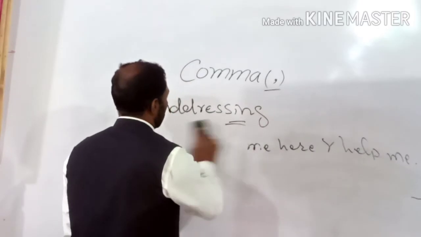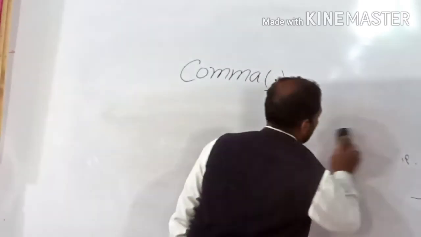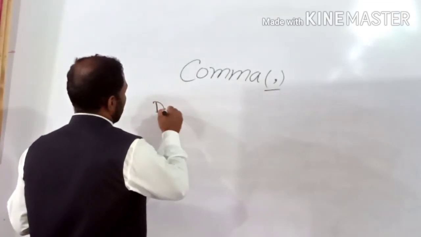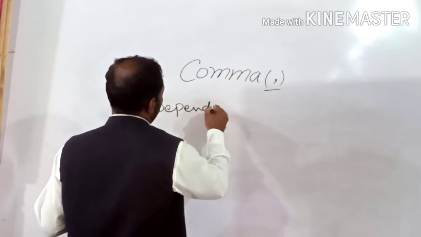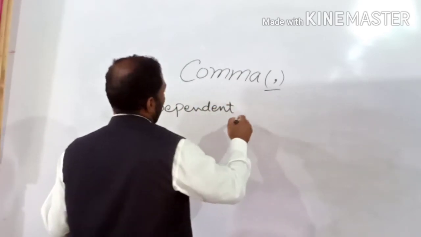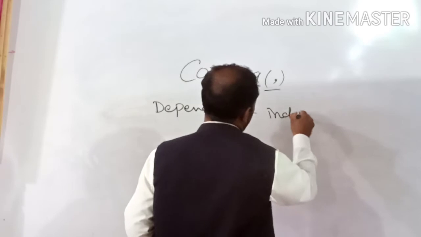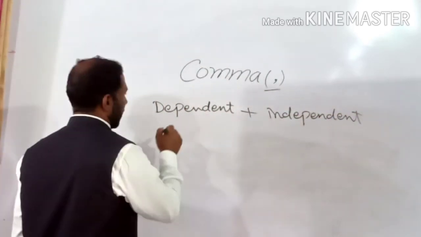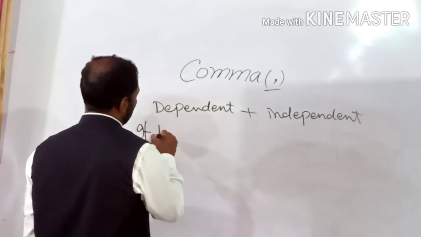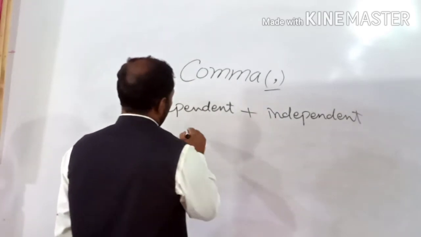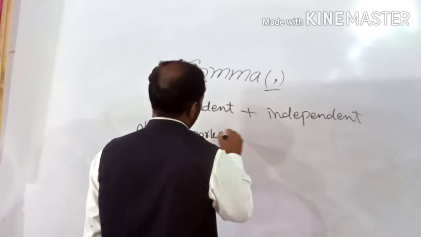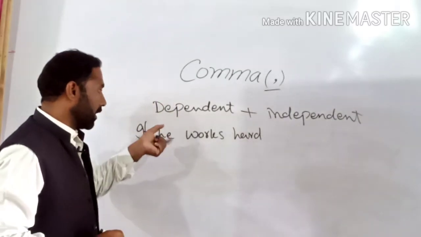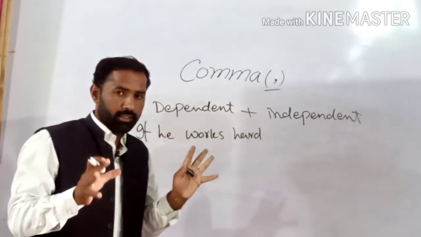So when we use clauses, we also use commas. For example, dependent plus independent. For example, I say that if he works hard, this is the dependent clause because it doesn't stand alone.